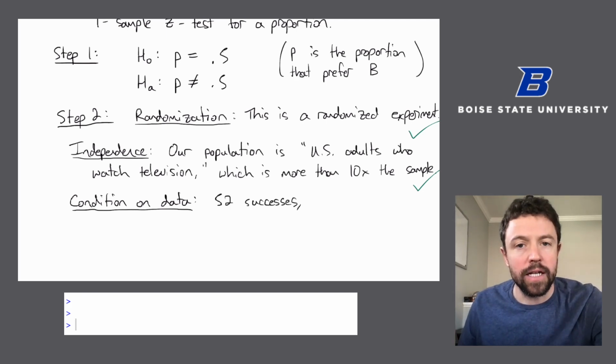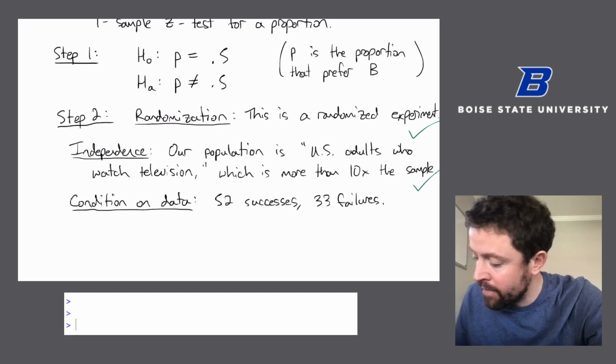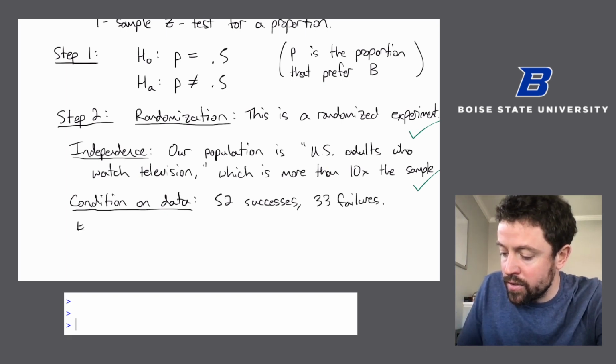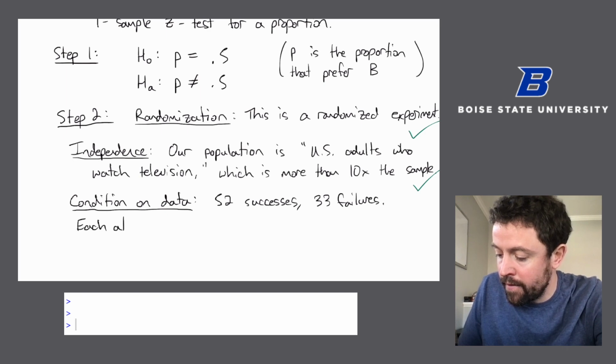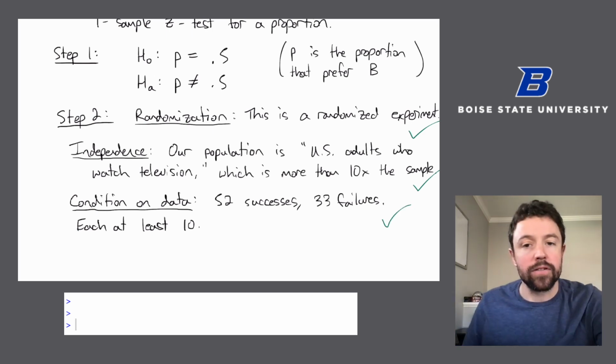Right, a success is someone prefers version B. And that leaves, out of 85, 33 failures. So these are each at least 10. So our condition is satisfied. All three conditions are satisfied.